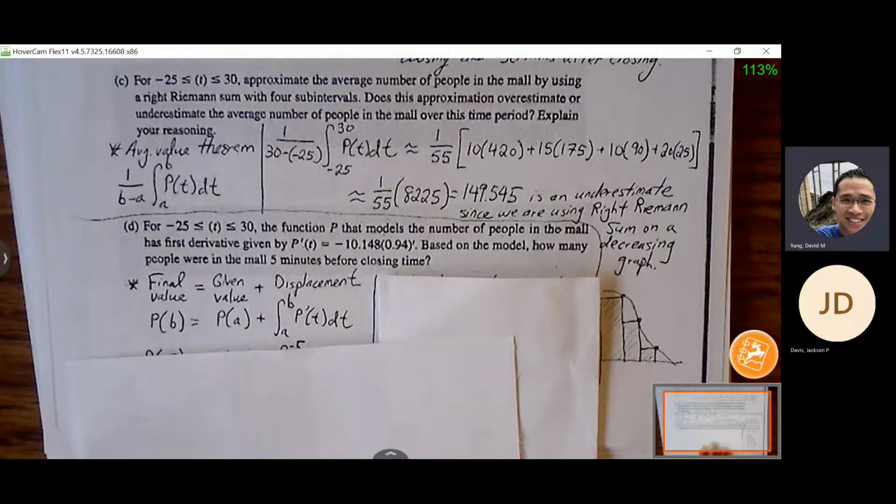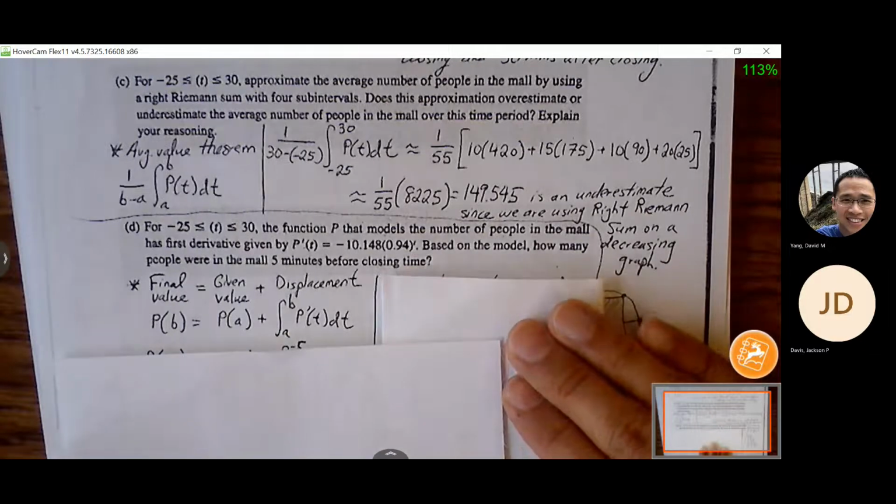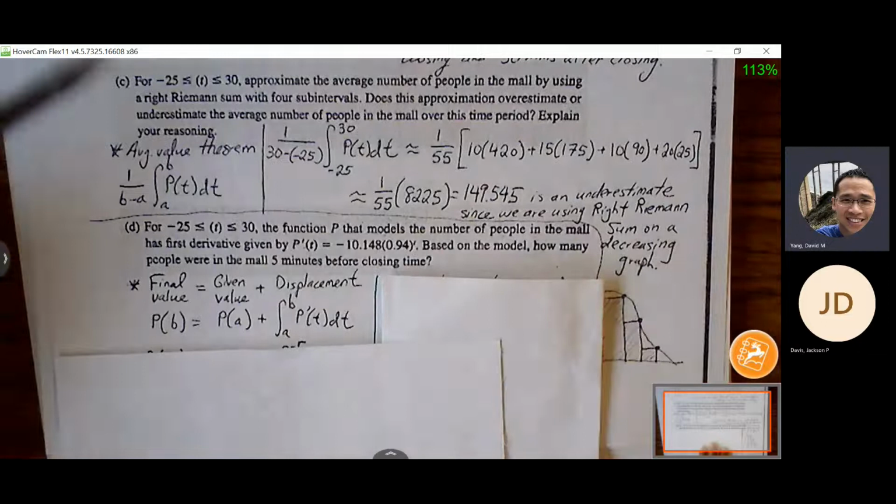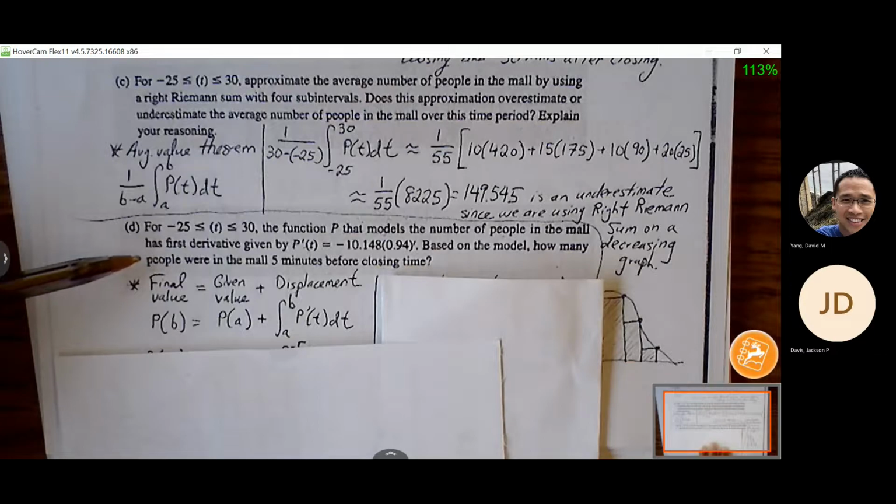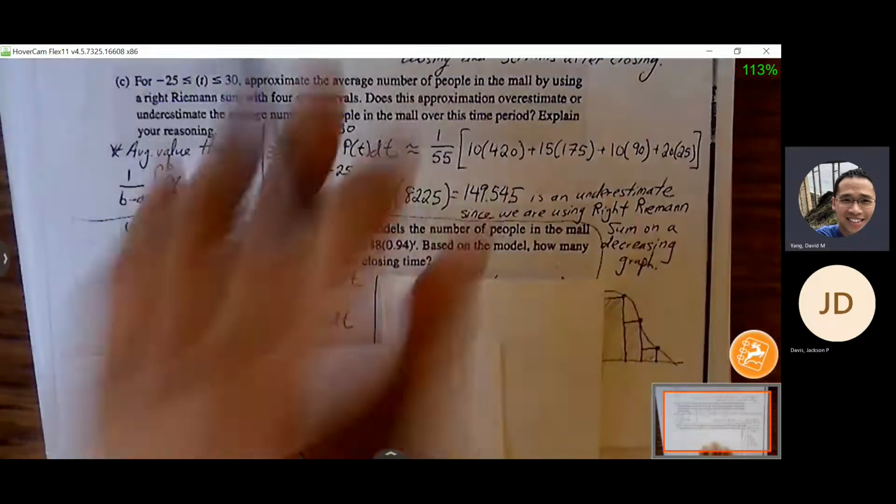So if I want to find the number of people 5 minutes before closing, I can start off as, let's see. Yeah, because these data are set in stone, right?